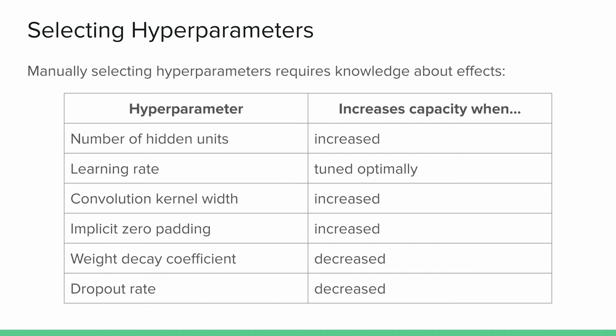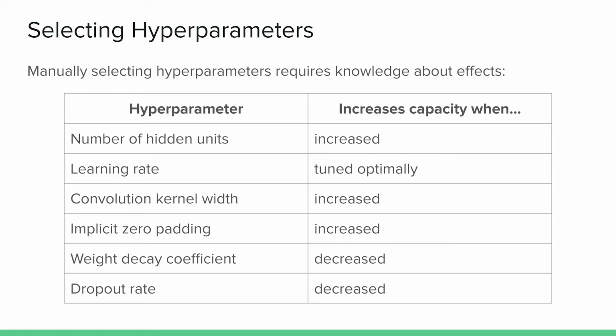Weight decay is that you're limiting your model parameter values, and by introducing weight decay, you are doing the opposite effect. You're reducing the capacity, because the parameters can no longer become very large.